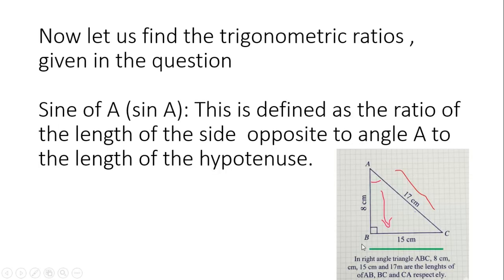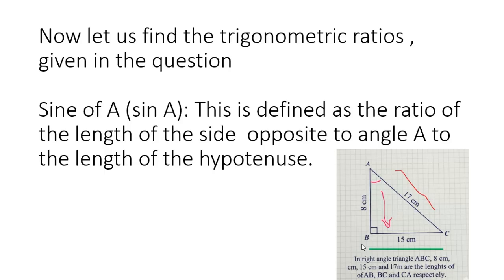So let us find the trigonometric ratios given in the question. First, sine of A. Sine A is defined as the ratio of the length of the side opposite to angle A to the length of the hypotenuse. So sin A is nothing but opposite side by hypotenuse.